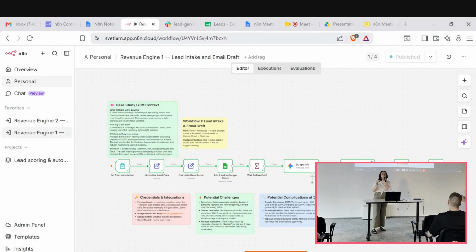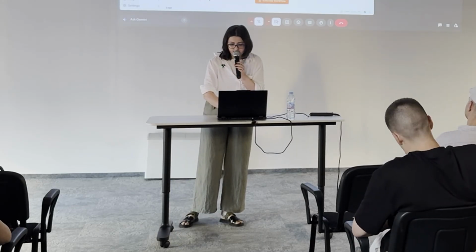And the cool thing about n8n, I feel like right now, is you can do that yourself. I'm not saying, kick your developer out. They're amazing. I love you guys. But I can save time and not ping them about this simple process that I'm going to walk you through today. So the case study that I'm going to walk you through today is related to a client of mine.